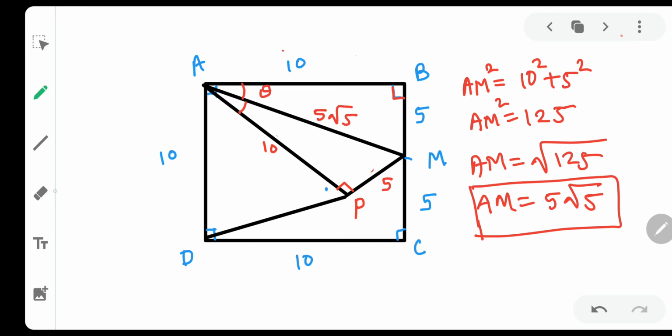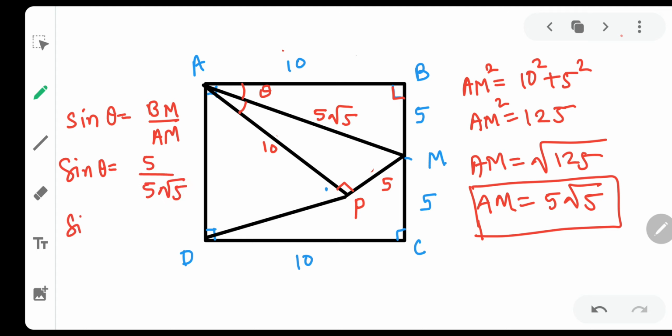Now one more thing that we need to understand is, can I get theta? Yes, I can get theta if I try to calculate sine theta. Sine theta is opposite upon hypotenuse, BM upon AM. So BM is what? BM is 5 and AM is 5 root 5. So 5 5 will get cancelled and I will get sine theta as 1 upon root 5.